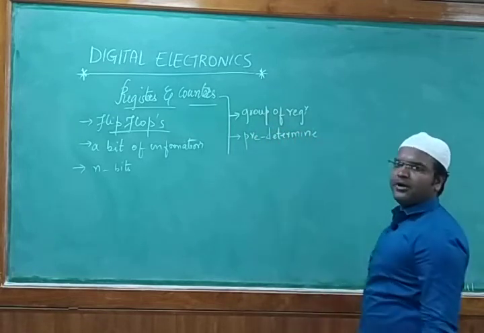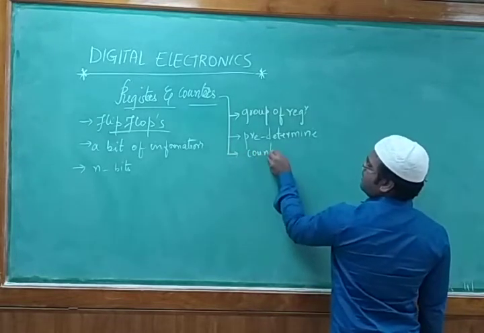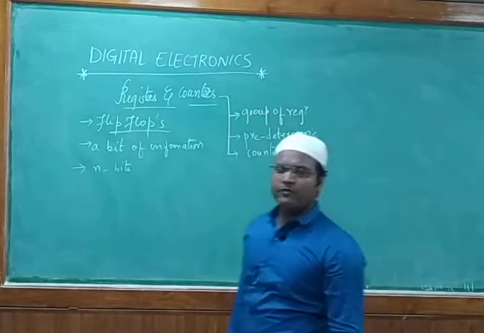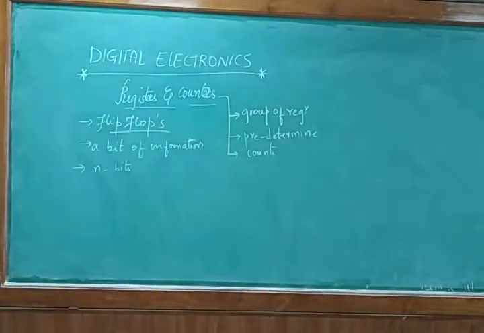It is going to take a predetermined sequence and count that particular sequence. For that purpose we are going with counters. So the most important point you need to remember is that it has a predetermined sequence of binary states, using gates connected in such a way that it provides the sequence. Okay, so that is how the counter is going to be used.